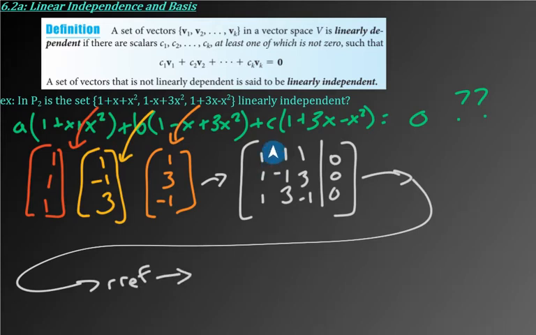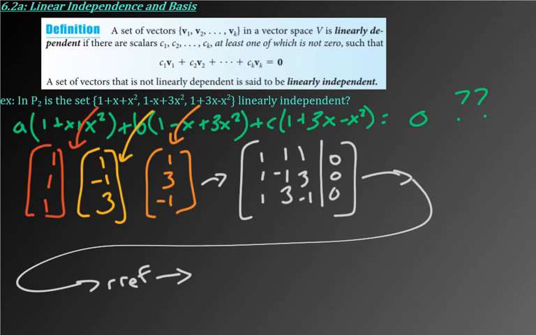So basically we're thinking, what I solve for will be my A's, B's, and C's, which represent how many of these things I need to get to that. Or maybe I won't be able to do it, and the only way I'm going to get it to work is if C1, C2, C3 are all 0, okay?